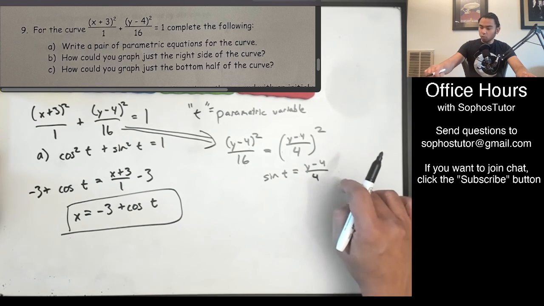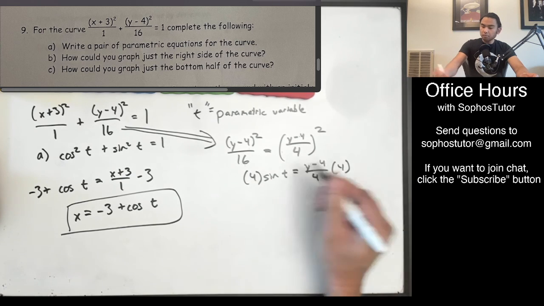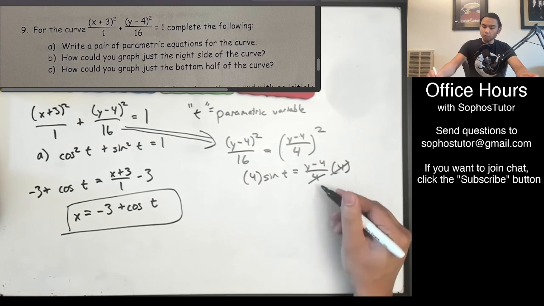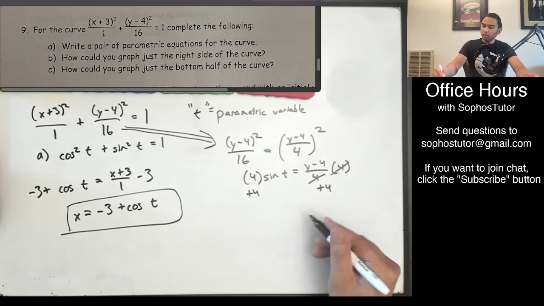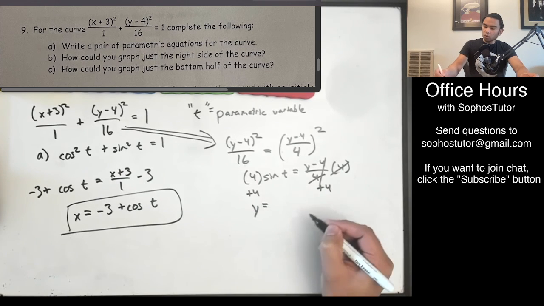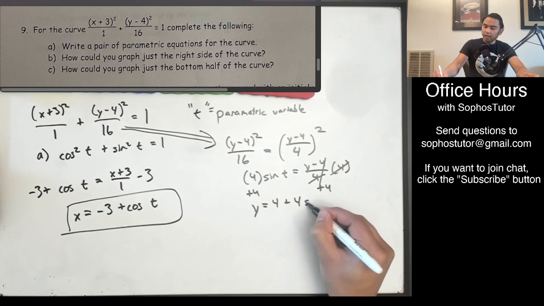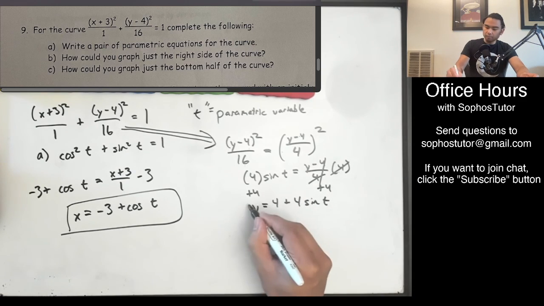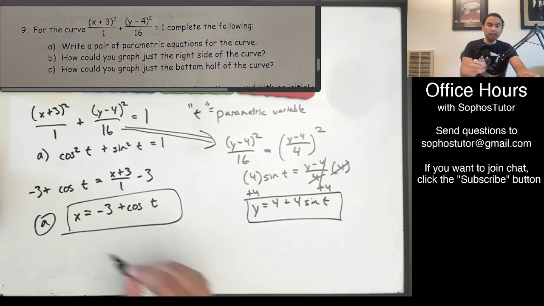For the y equation, we're going to need to multiply by 4 on both sides first. Then from here, we're going to need to add 4 to both sides. So here we're going to get y is equal to 4 plus 4 times the sine of t. And here is our set of parametric equations. So this is going to take care of part A.